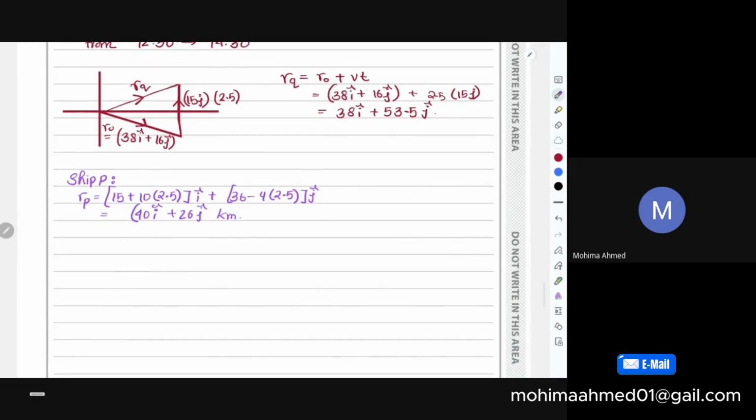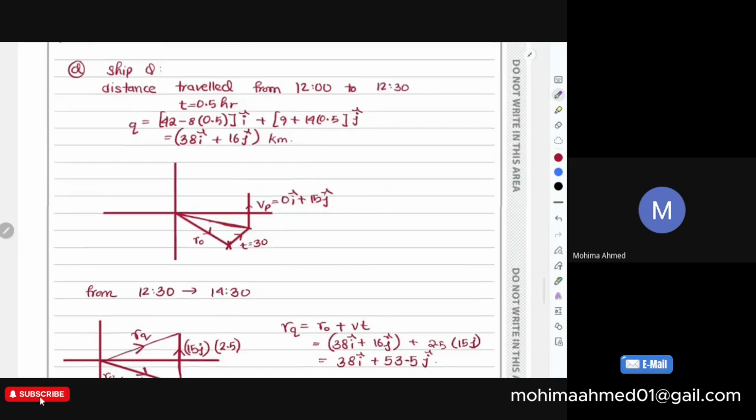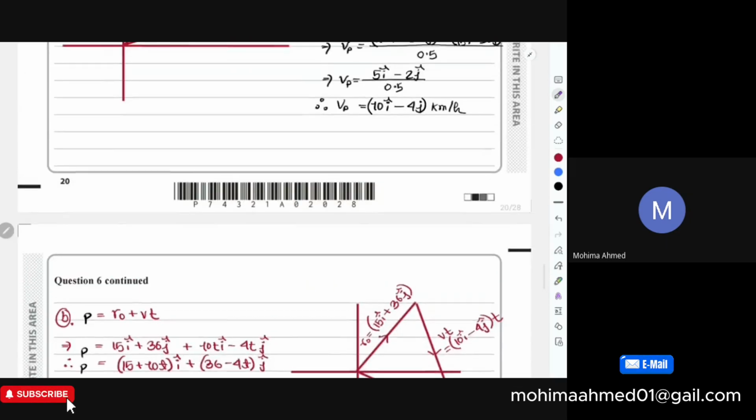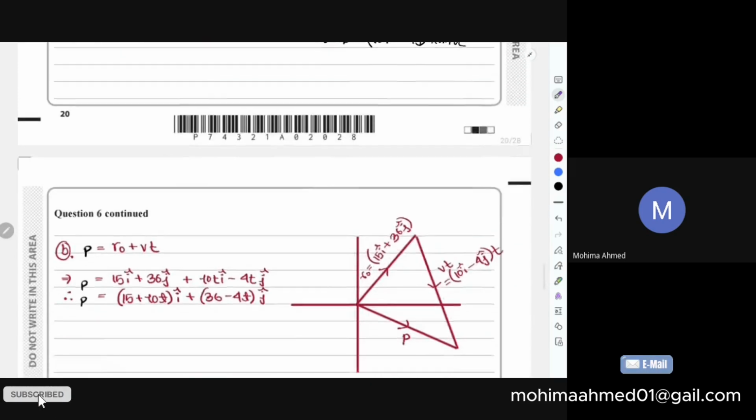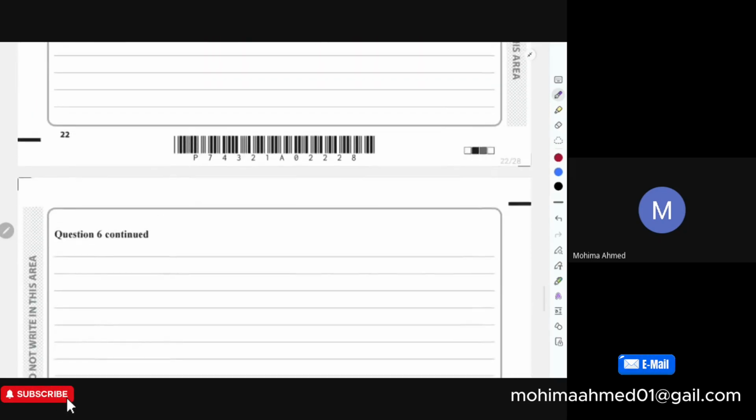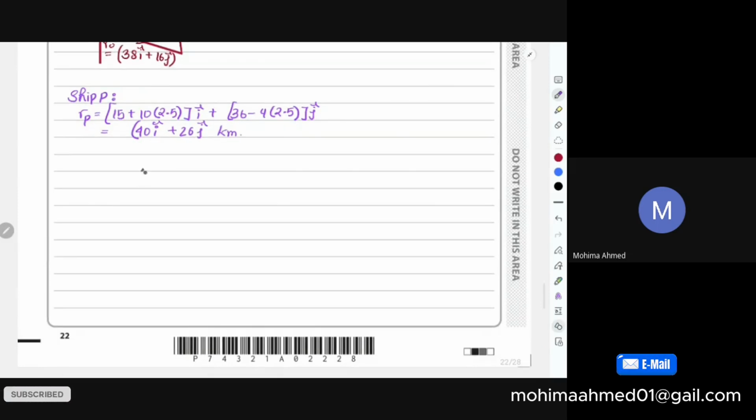If I want to find out the difference in their position, if you go back to the question, they were asking you to find the exact distance between P and Q at 14:30, right? Again, they're talking about distance, not displacement. So I'll lastly draw a diagram over here. Ship Q traveled in this pattern, right? First it was at this value, then it traveled with a certain velocity for the first 30 minutes.